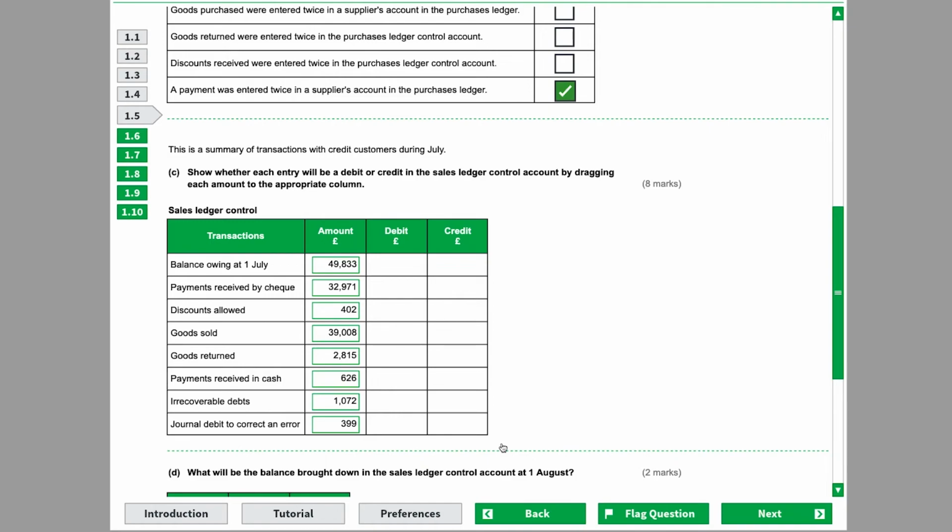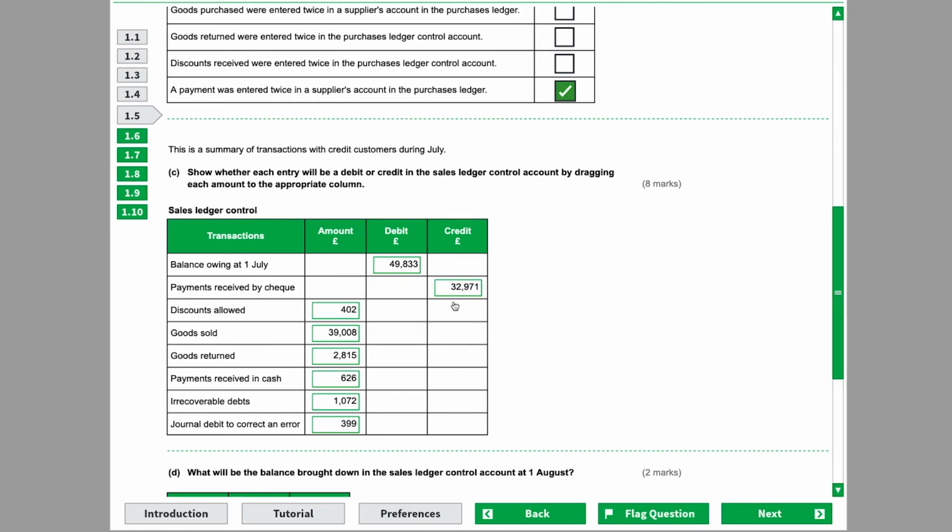The first one, the balance, will always be on the debit side. It is an asset. You couldn't really have a credit balance unless something's gone dramatically wrong, i.e. an error somewhere, but that balance brought forward or brought down will always be on the debit side. Now, payments received by cheque would go on the credit side.